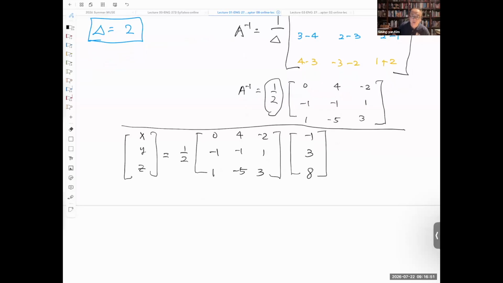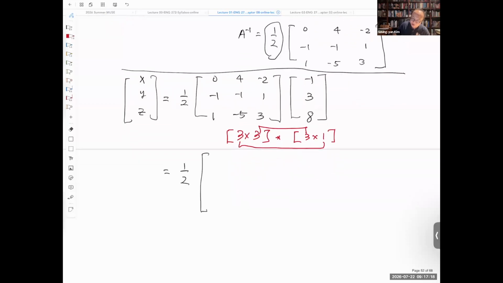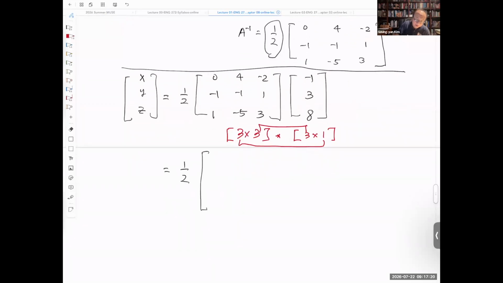I'm just going to keep it like that and multiply that 1 over 2 at the very end. This is a 3 by 3 matrix, and we're going to multiply by a 3 by 1. Inner numbers are the same. Then the result is the outer numbers, which is 3 by 1.